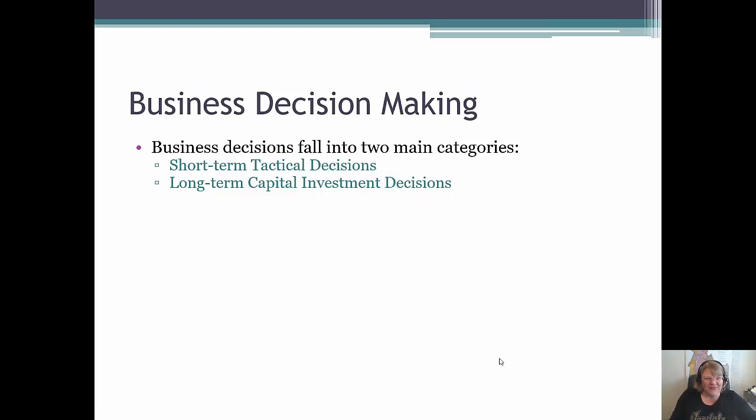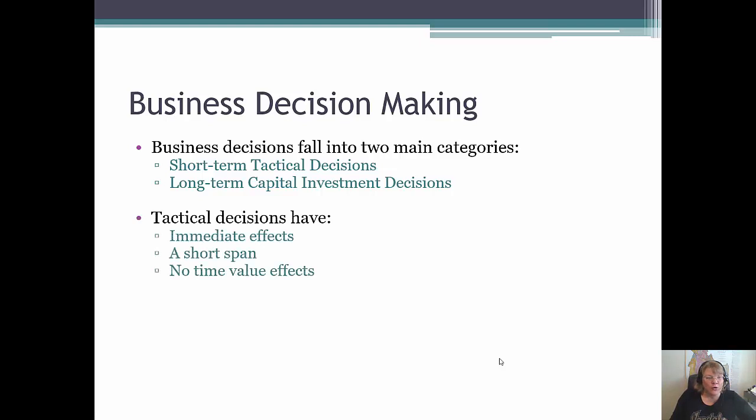So the business decisions fall into two main categories: short-term tactical decisions and long-term capital decisions. And that's why the decisions are different for each one. Your tactical decisions have immediate effects, a short span, and no time value effects. A tactical decision is, should we hire more people, more manufacturing workers?